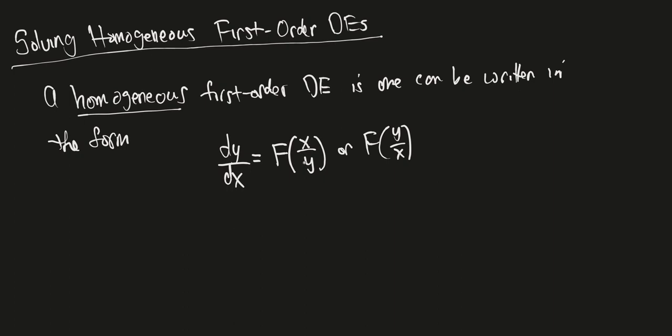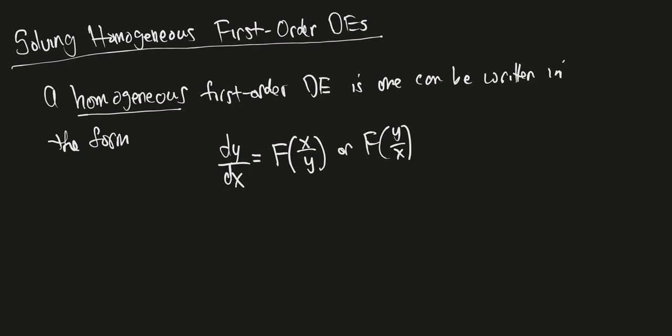So I can't just have an x by itself or a y by itself, but I would have to have like x over y or y over x. And whenever that's possible, we say that the differential equation is homogeneous.